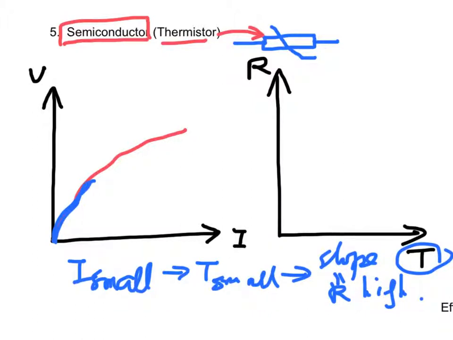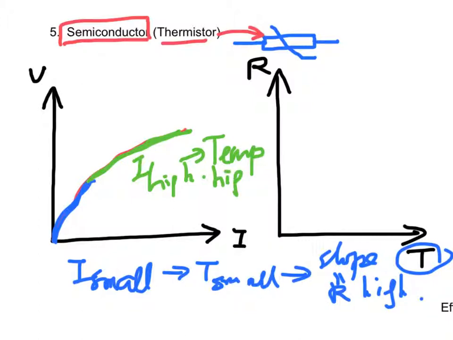However, when the current increases further, that means when the current is high, the temperature of the thermistor will also increase, which is high, but the slope of the graph decreases, which implies that the resistance of the thermistor also decreases.